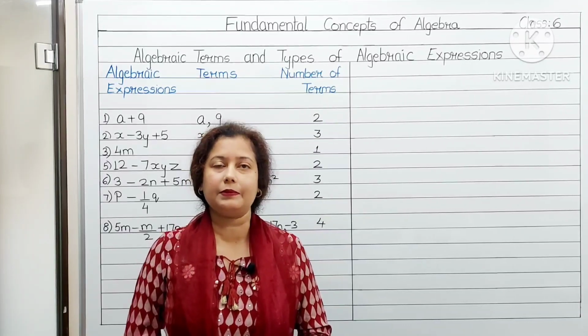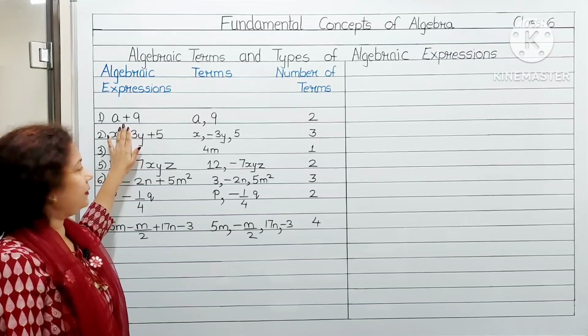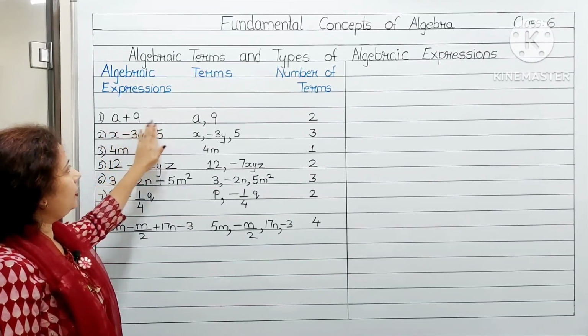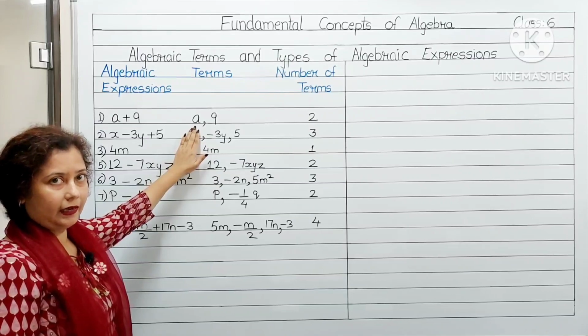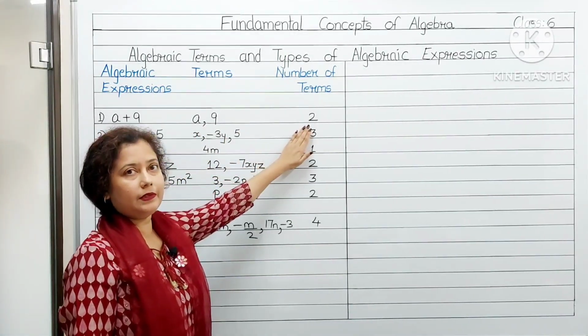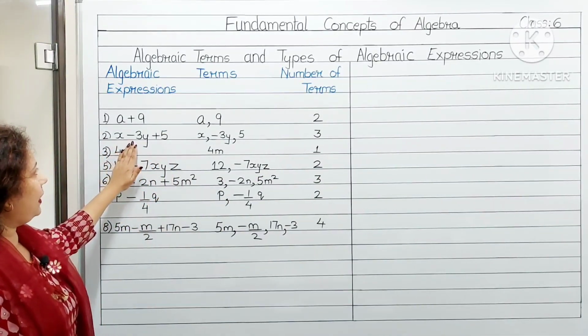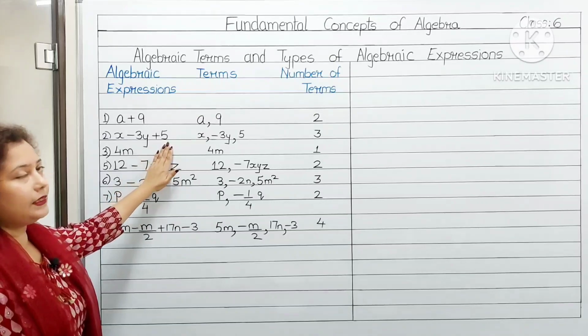Now we will separate different algebraic terms in the given algebraic expression and we will write the number of terms present in each equation. First example is very simple, A plus 9. So the first term is A, second term is 9. So the total number of terms here are 2. Second example, X minus 3Y plus 5.